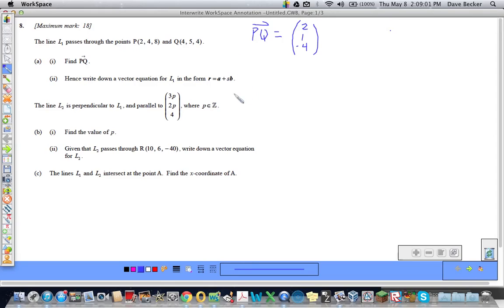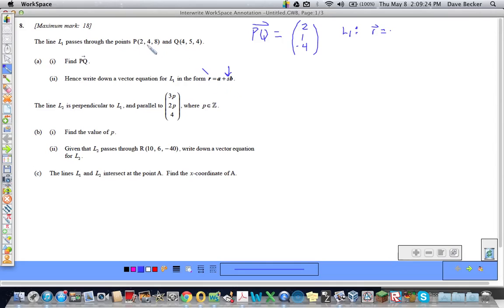Good. All right. Hence, write down a vector equation for L1 in the form r equals a plus sb. So, L1, ready for this? r equals a plus sb. a is any point on the line.